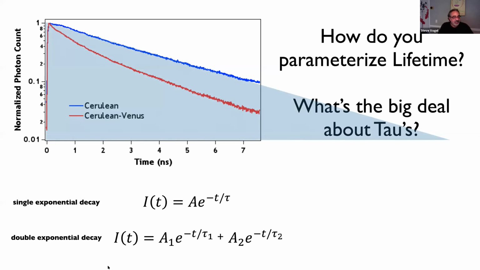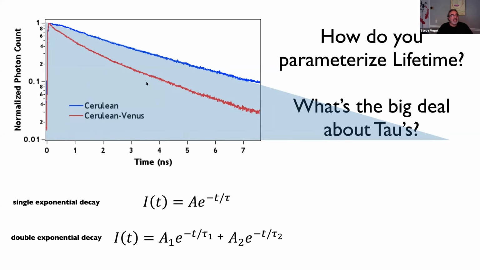Look at this equation, single exponential decay. Here's the tau, right? So when you do a fit to this, you'll get a number for tau. As I showed you before in that histogram, the number that I got was 3, and that's a very typical 3 nanoseconds. It turns out that the area under the decay curve, shown here in light blue, is directly proportional to the value of tau.